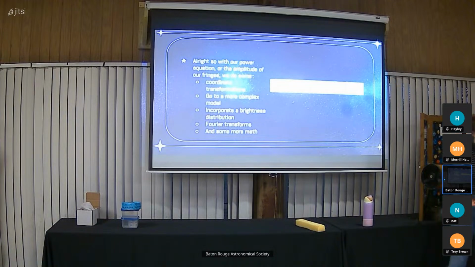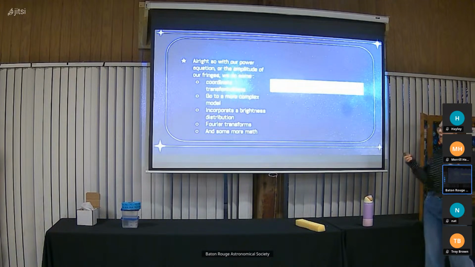The reason we want to do this is because of a theorem called the Van Cittert-Zernike theorem, which tells you that the power response of an interferometer is the Fourier transform of a brightness distribution. So lots of math words. It takes me a second, I have to sit down and actually read it out and see it, and then it makes sense to me, and then I immediately forget it when I'm not thinking about it.